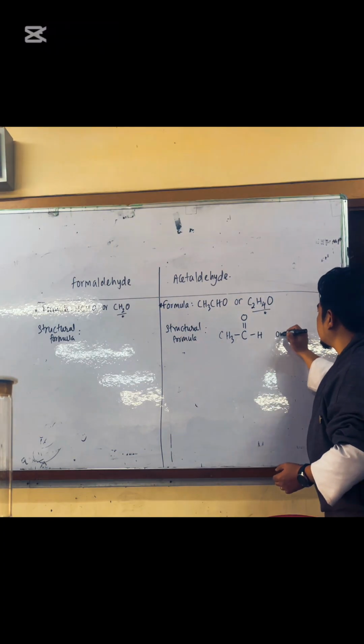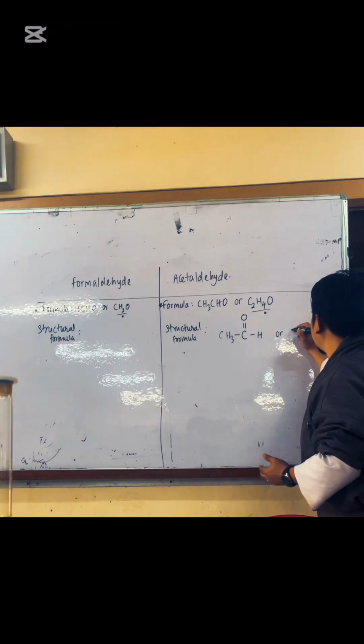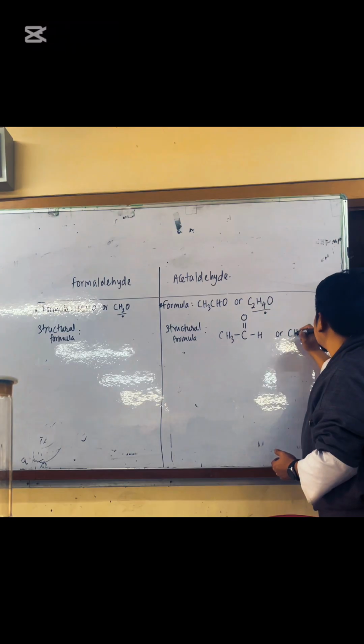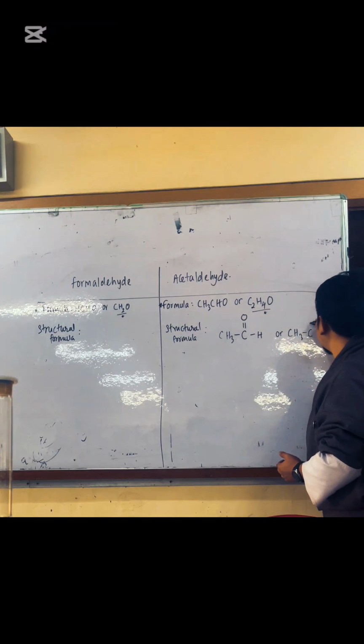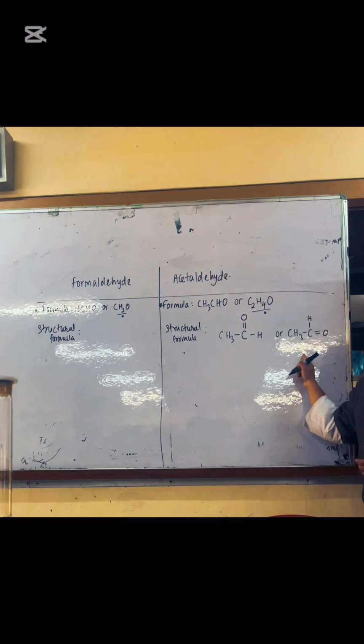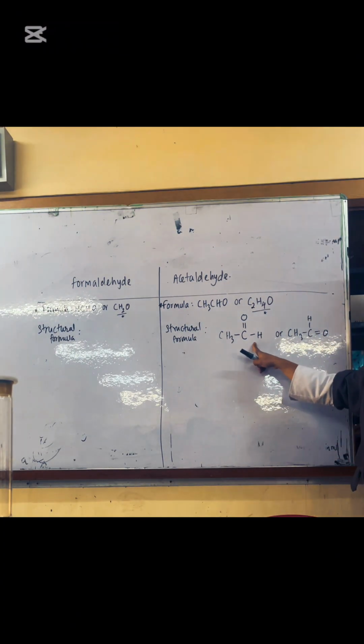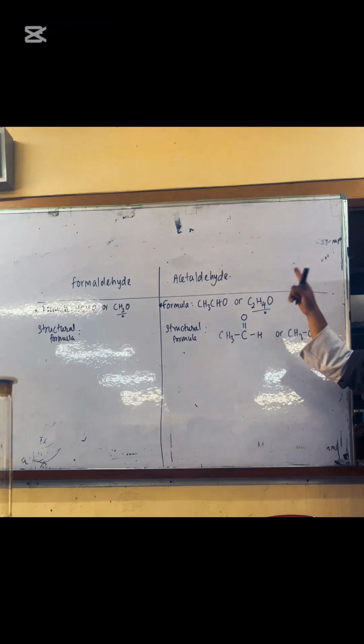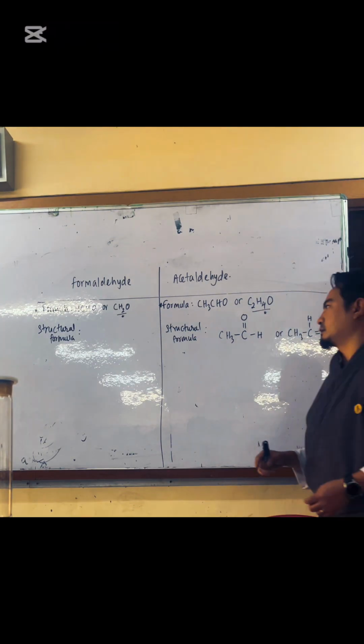Another way of writing it, you can write both the formulas, which will be helpful to you, because in some books you will find it in this manner as well. So if it is written in this way or this way, both represent acetaldehyde.